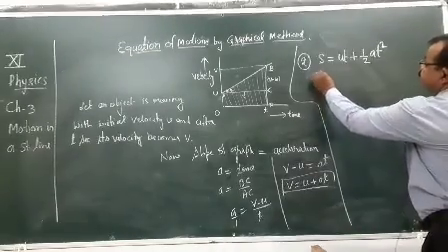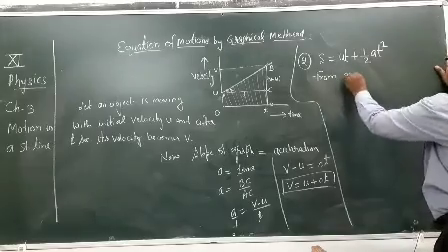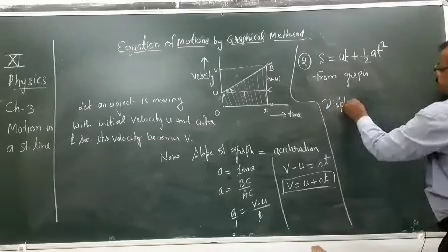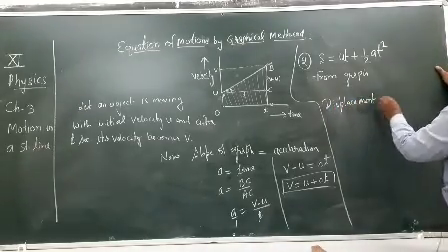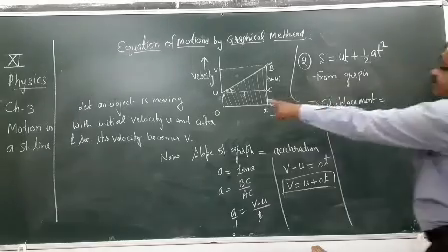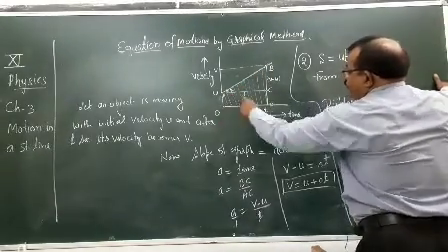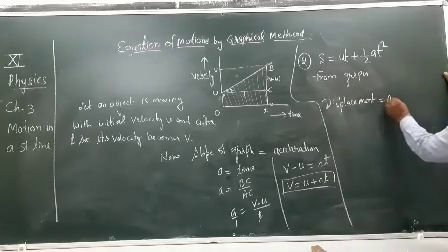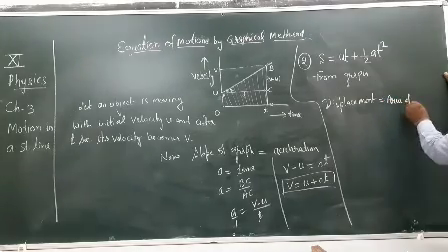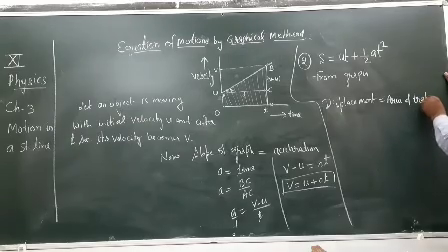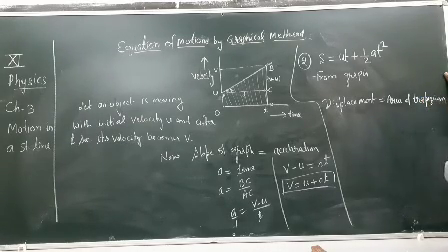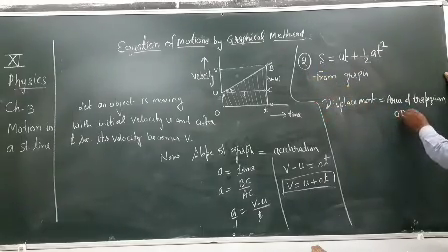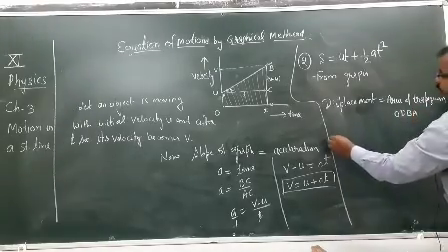So from graph, displacement is equals to area of this trapezium ODBA. Okay, so area of trapezium, what is the name of trapezium? ODBA. Suppose displacement is s.